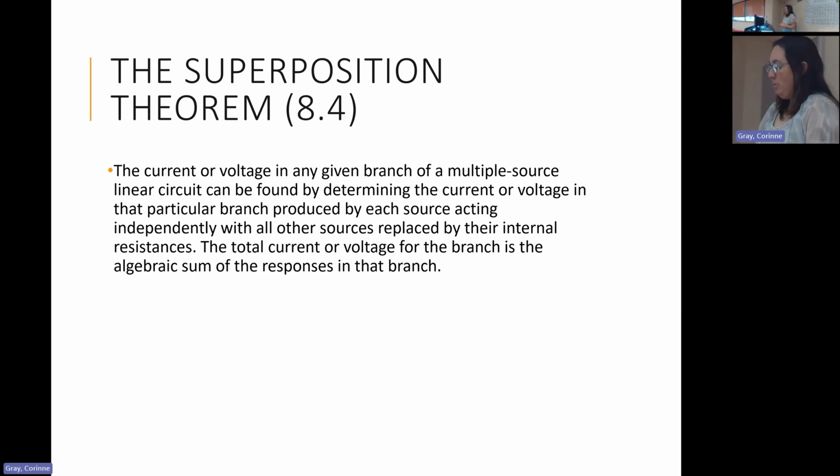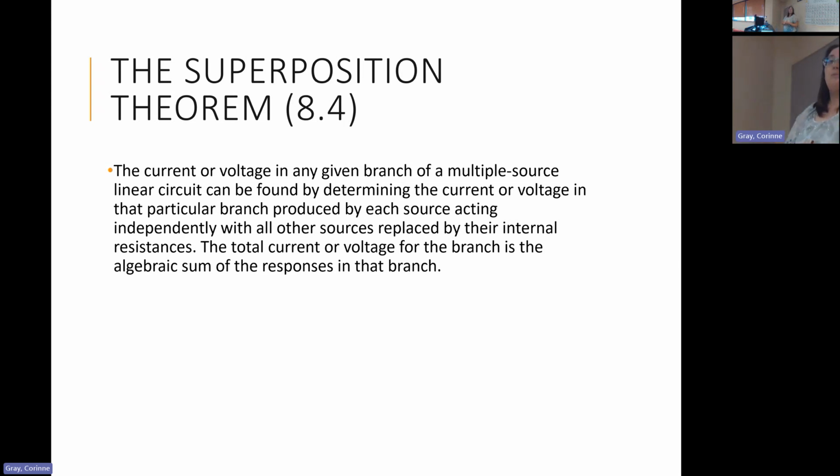In particular, for our circuits, the current or voltage of any given branch, which is just a part of a circuit after a junction, of multiple-source linear circuits can be found by determining the current or voltage in that particular branch produced by each source individually.